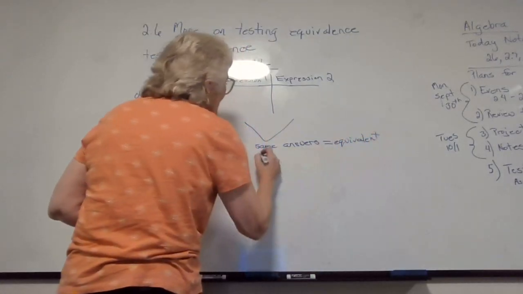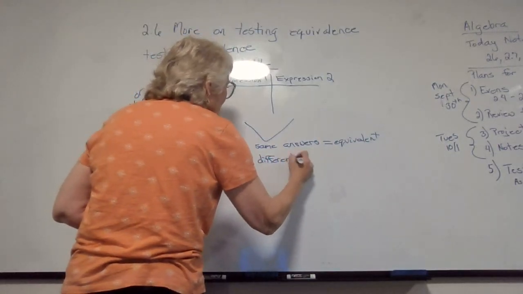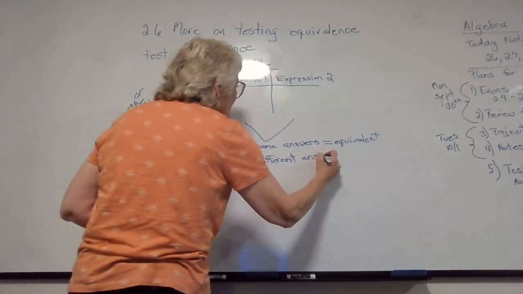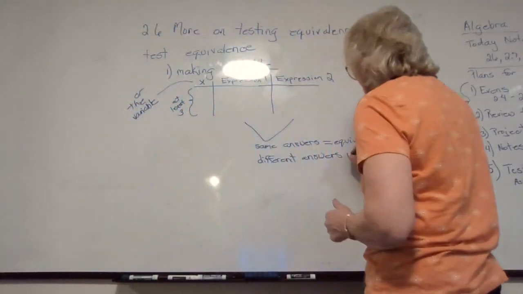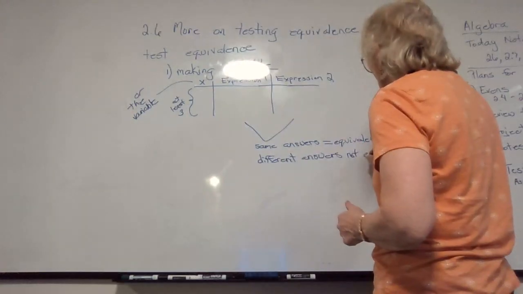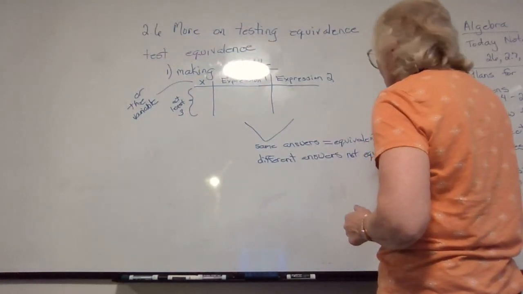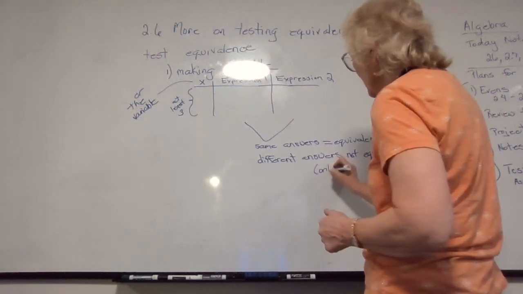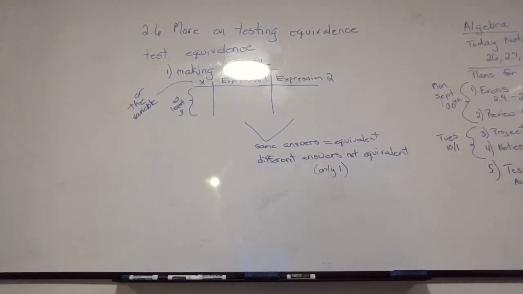If you get different answers, what does that mean? They are not equivalent. That's right. How many do I need to say that they're not equivalent? Only 1. We need more to tell us that it's equivalent, but you only need 1 different answer, and it proves that it's not equivalent.